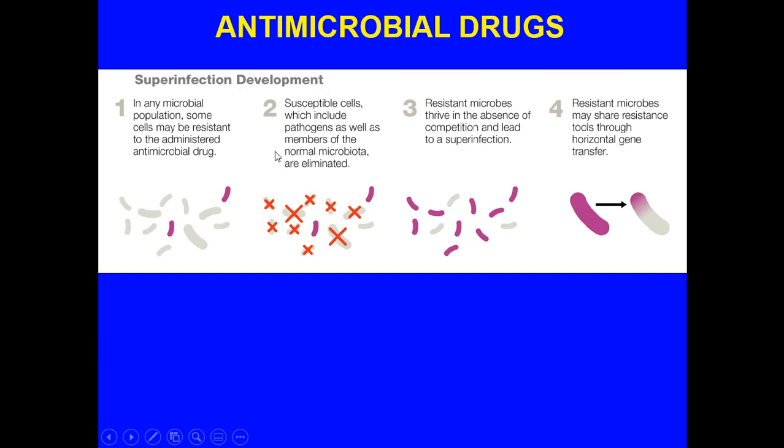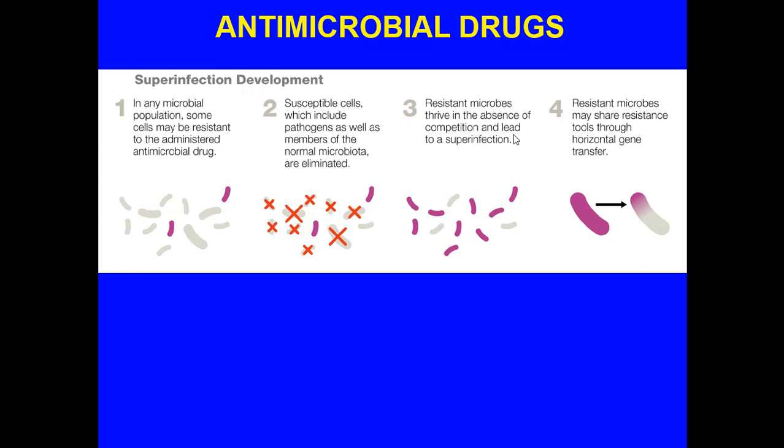If you look here, you have the beginning of superinfection development. In any microbial population, there may be some that are resistant to the administered drug. The susceptible cells will all die. You will also have members of the normal microbiota eliminated as well. The resistant ones will thrive, A, in the absence of the competition, B, because basically you have no other drugs to treat at the time, you're not aware of this, and this will lead to a superinfection.